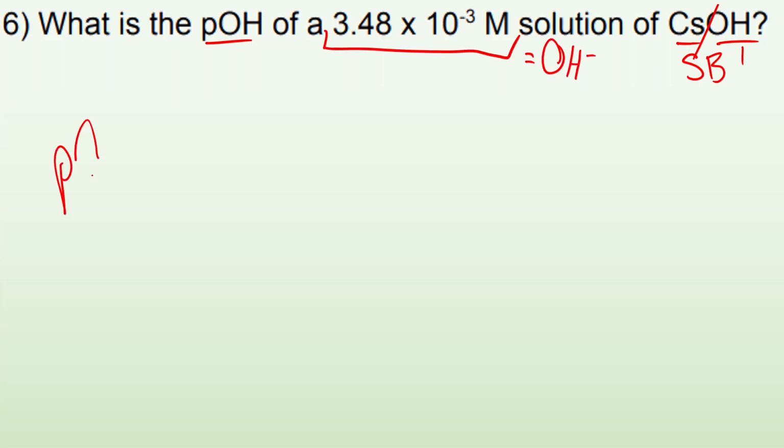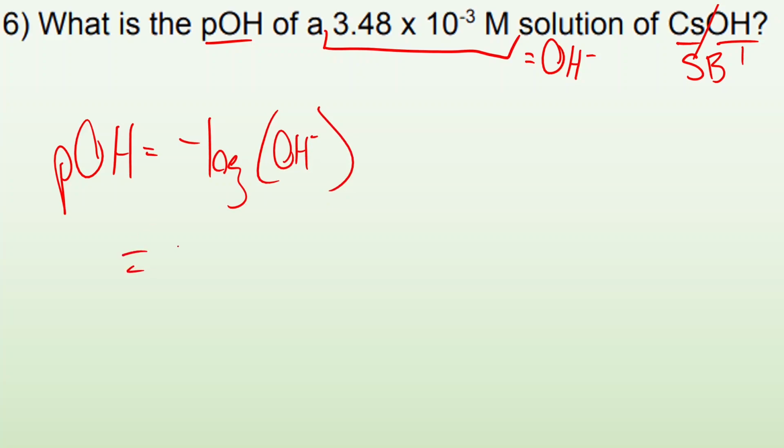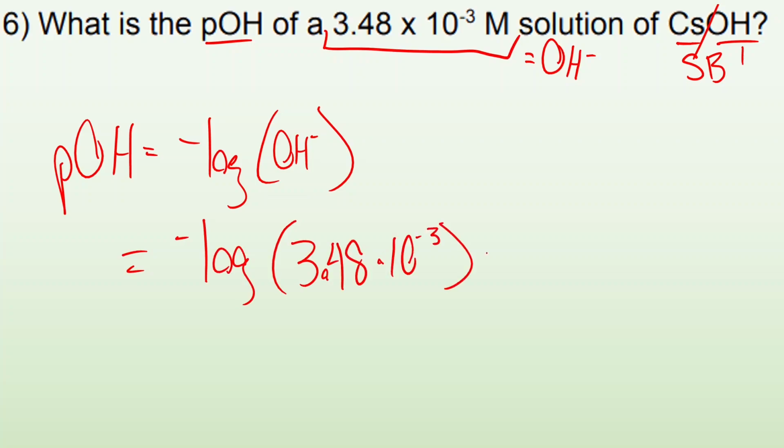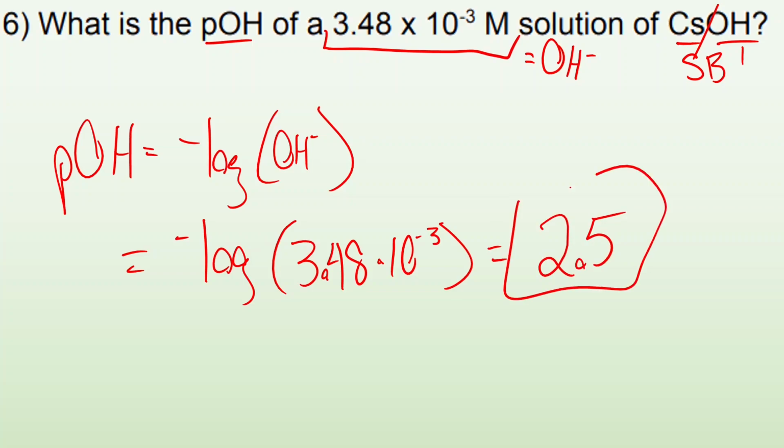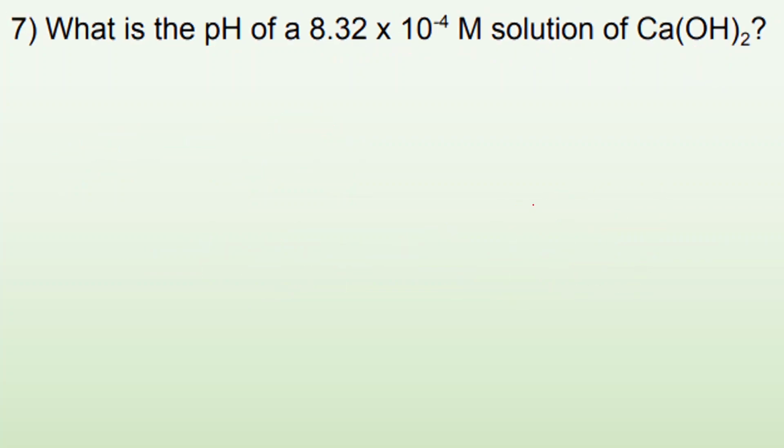So pOH equals negative log of the hydroxide ion concentration. So I just plug and chug negative log of 3.48 times 10 to the minus 3. And I pick up my handy dandy calculator, and I end up with 2.5 as my answer for that. All right, number 7.